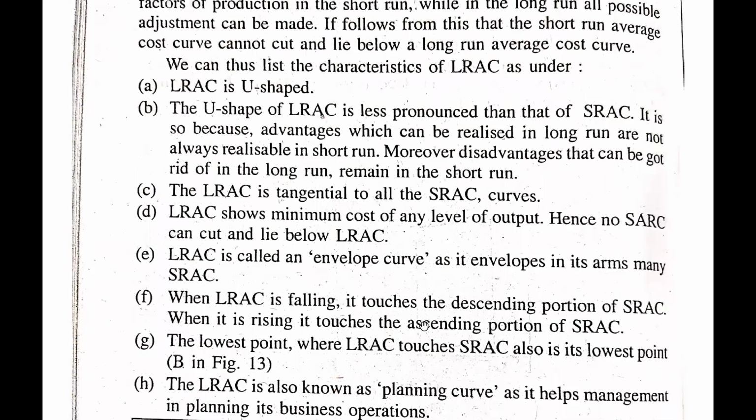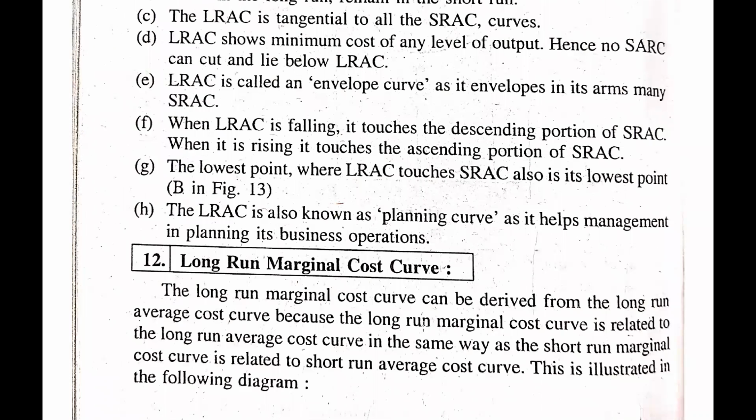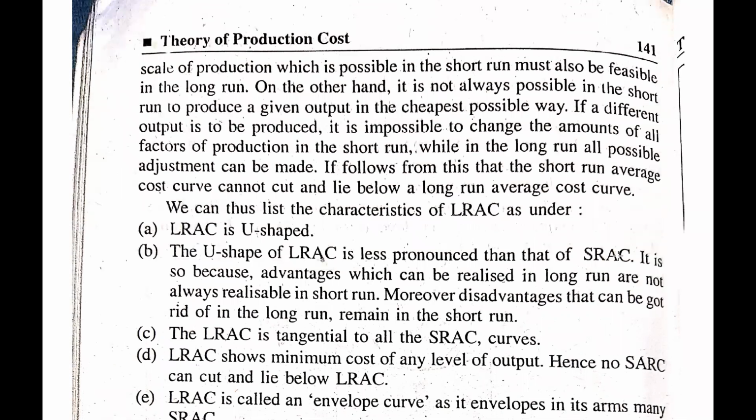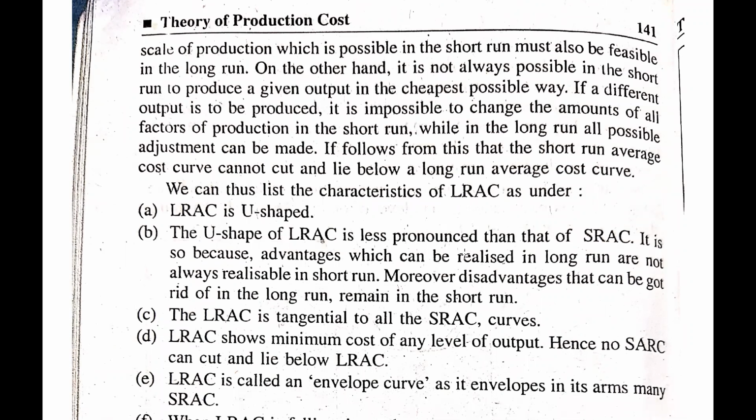And now we will see the next characteristic: the long run average cost is also known as the planning curve as it helps management in planning its business operation. So guys, these are the points which convey the meaning, or we can say the explanation, of the characteristics of long run average cost.